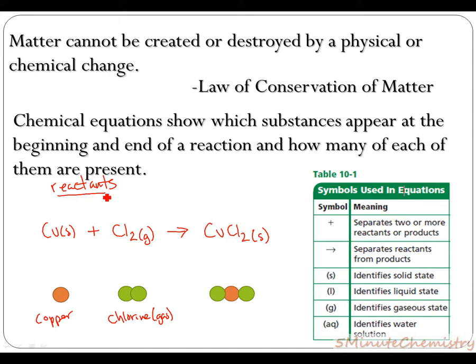Now, before we said that the things that are going to react are known as the reactants. The things that are formed, these chemicals, are called products. So the reactants are going to come together, the products have been made, they have been produced. Okay, so the before, reactants, the end, the products.